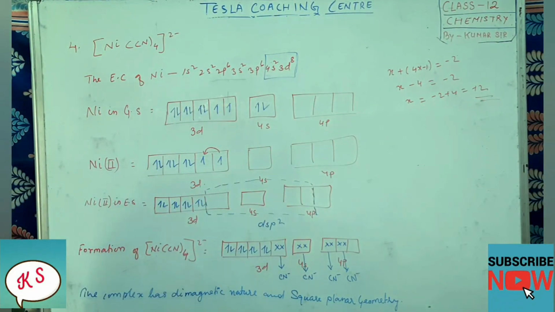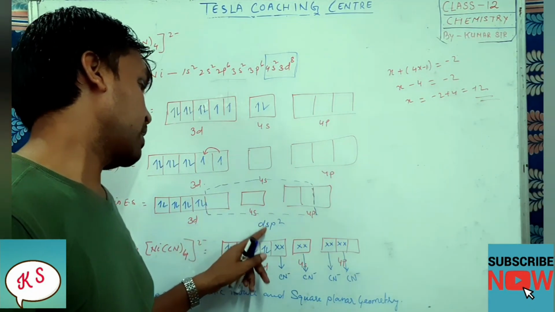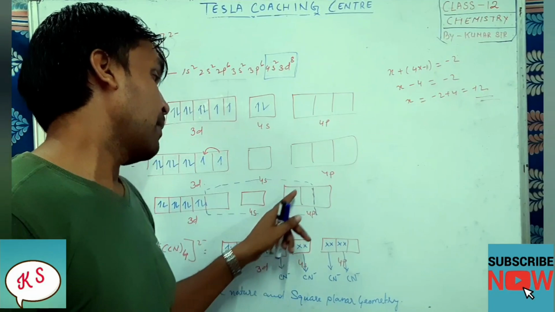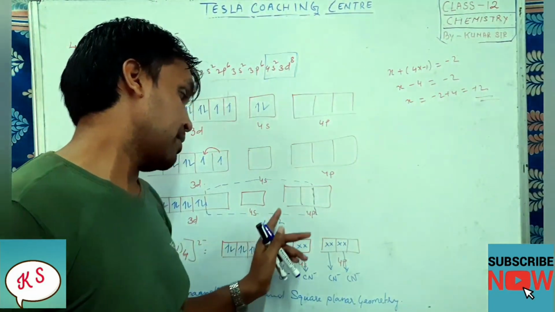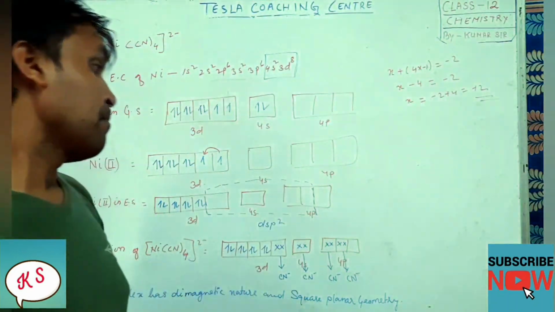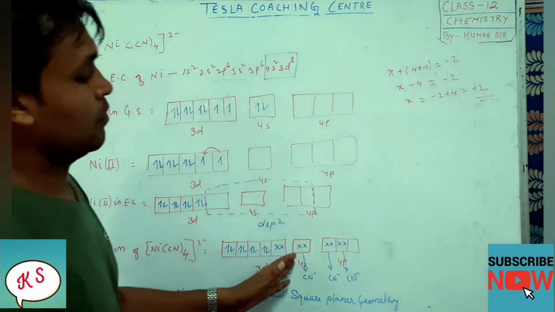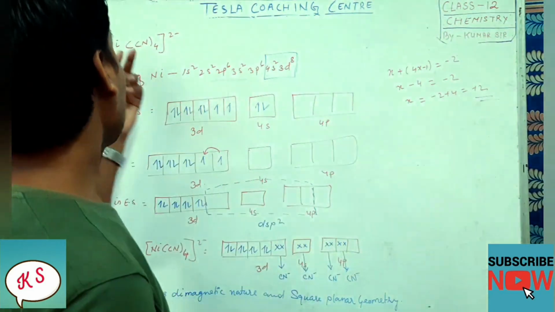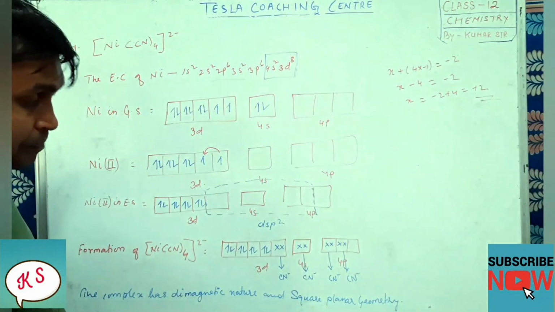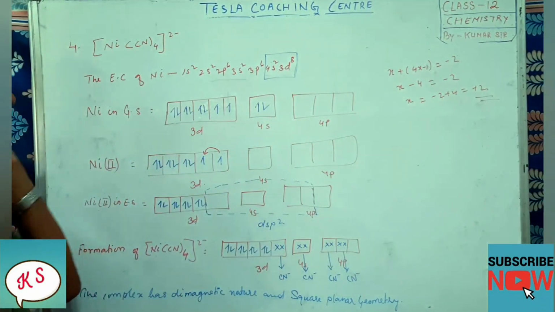So here the hybridization will be: the contribution of 3d is 1, so d is 1, and p is 2, so dsp2 or sp2d hybridization. For the formation of this, the remaining 4 boxes will be filled with the CN, that is, they form a coordination bond with nickel.